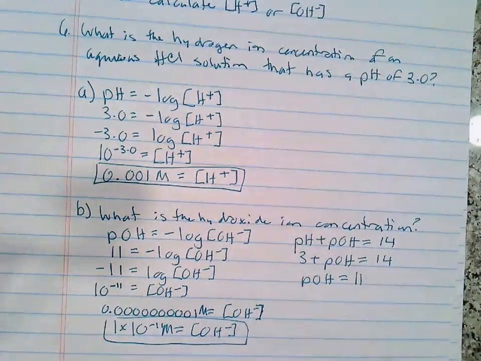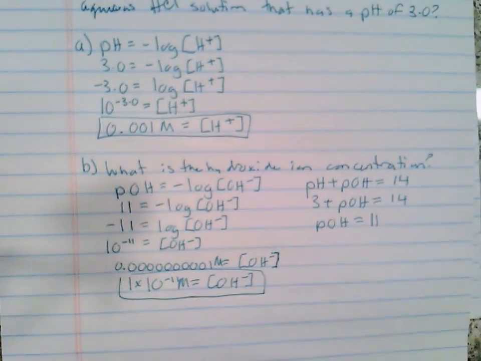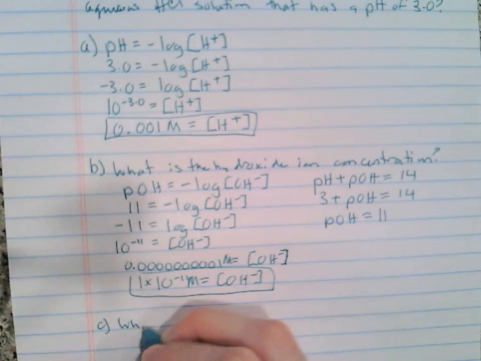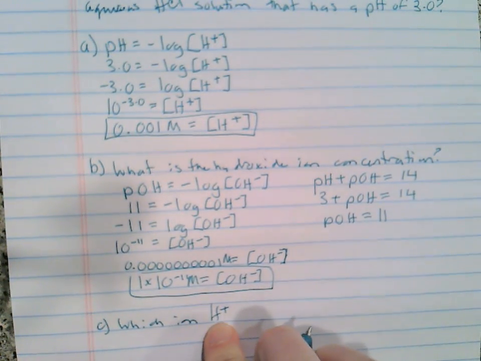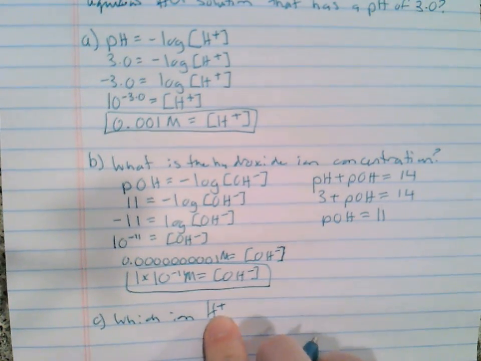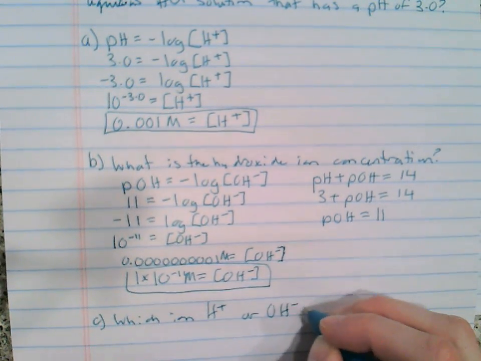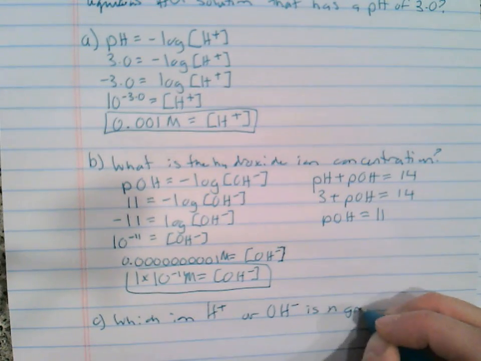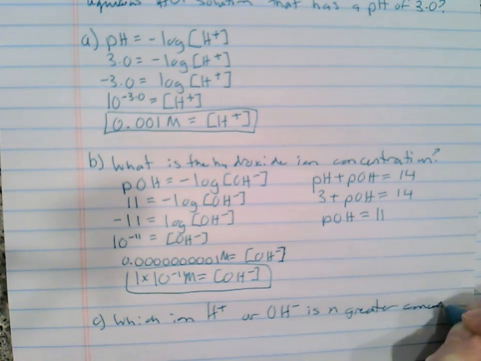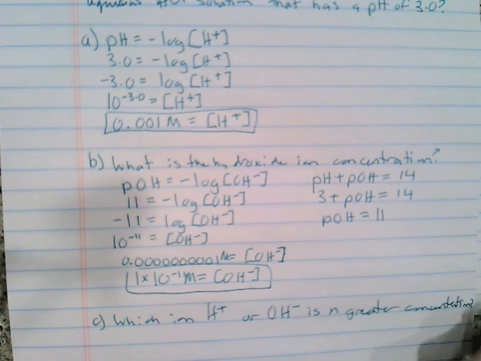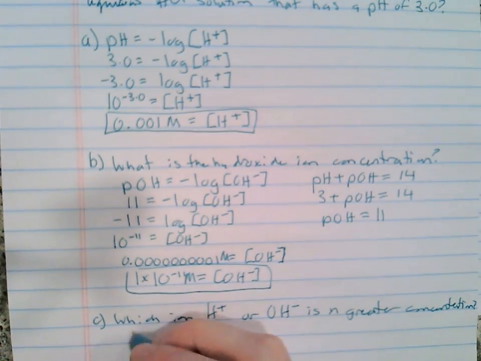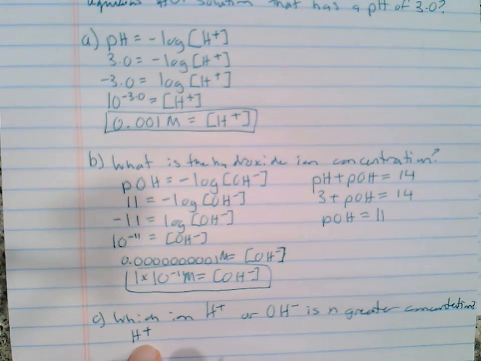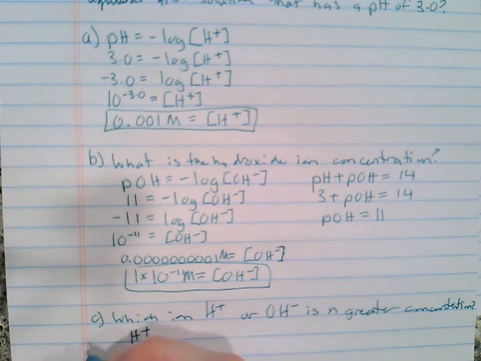All right, so based off these results, part C, which ion, hydrogen ions or hydroxide ions, is in greater concentration? Which one do I have more of in the solution? This is a bigger number than this, so my answer here would be the hydrogen ions are in greater concentration.